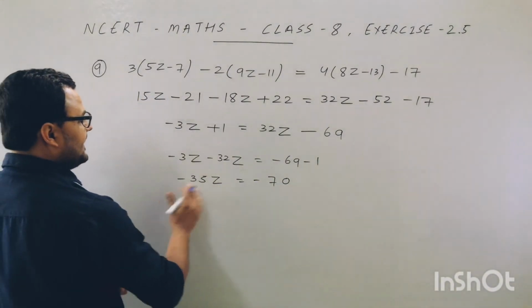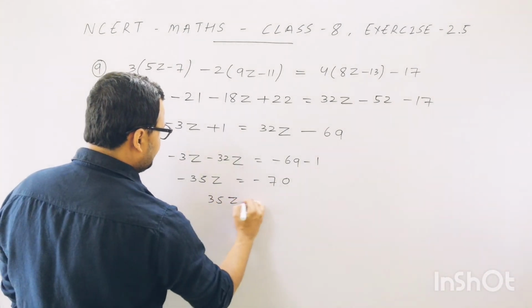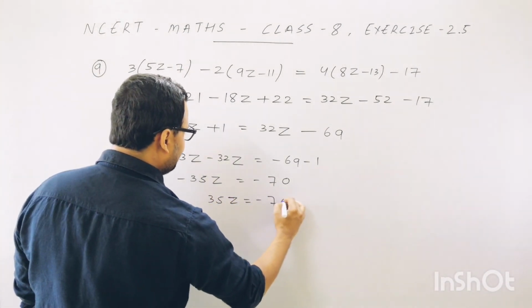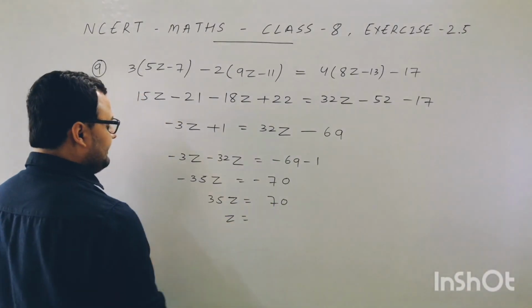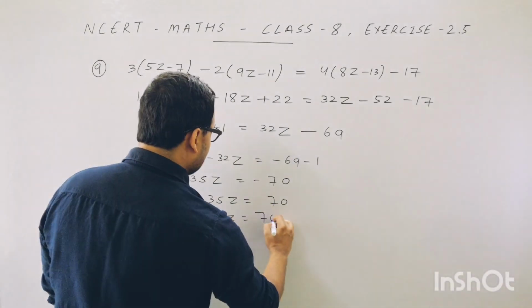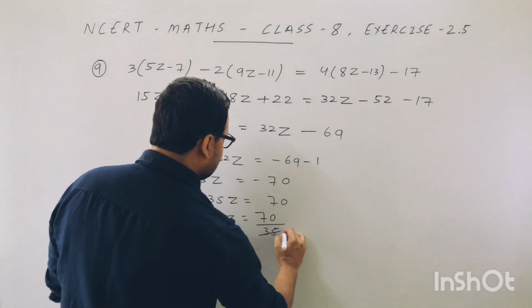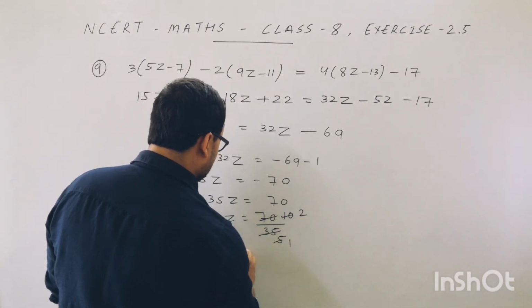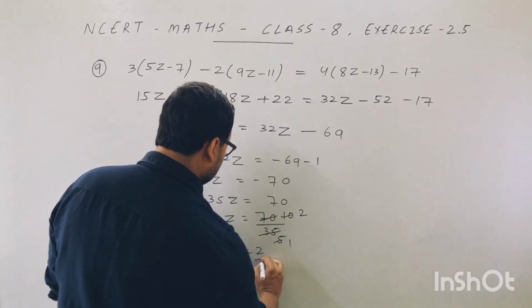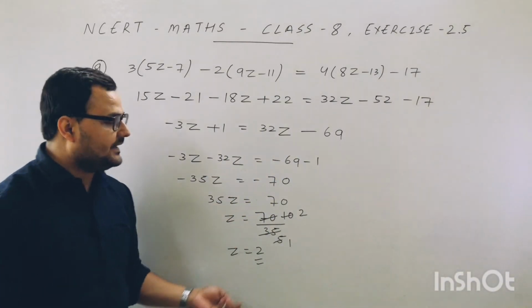Both sides minus we have, minus will be cancelled, so I can write it as 35z equal 70, then z will be 70 by 35. 7 5s are, 7 10s are, 5 1s are, 5 2s are, so we got z equal 2. So for this question, the value of z equal 2.